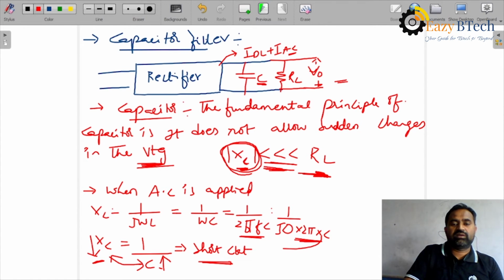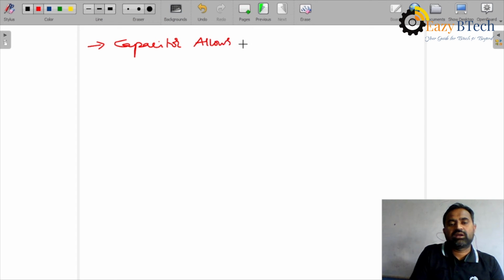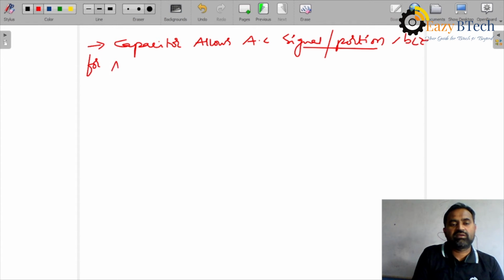See here, the capacitor allows the AC signal or portion, because for AC, the capacitor acts as a short circuit.